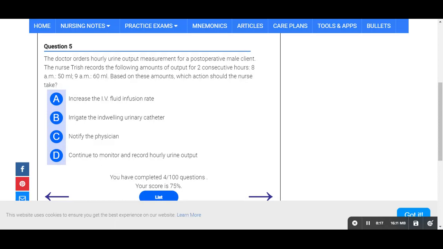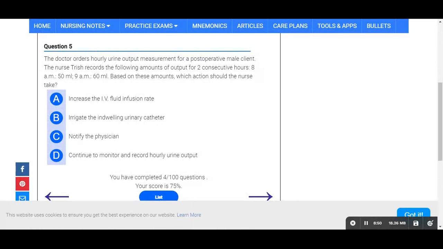We need to find out about the range. It doesn't give the normal urine output per hour range, but if 30 ml was the normal output, I believe that 50 and 60 ml are still perhaps in the normal.